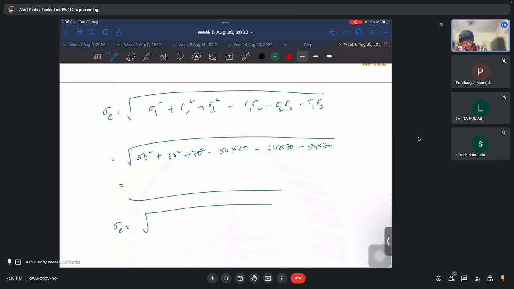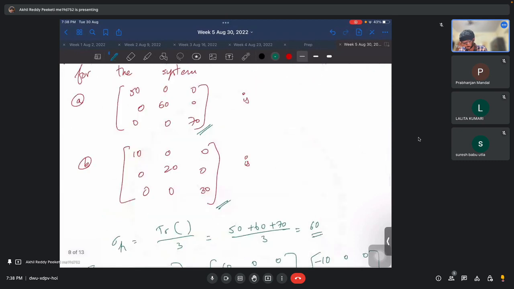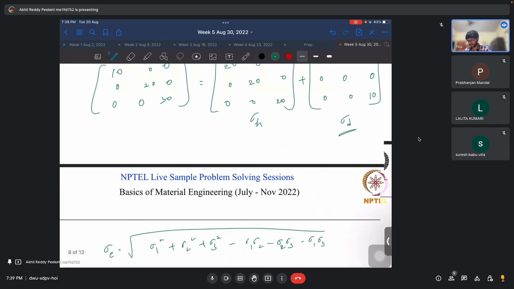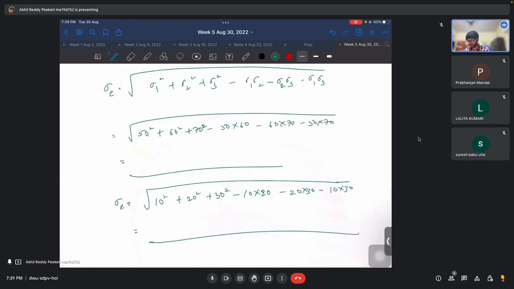And if you look at the other case, 10, 20, 30. So 10 square plus 20 square plus 30 square minus 10 into 20 minus 20 into 30 minus 10 into 30. Okay. So if you have to find which case is closer to failure, you need to compare the sigmas, and whichever is higher will be closer to failure. Here I am not exactly sure if this will come the same, so just check that once.